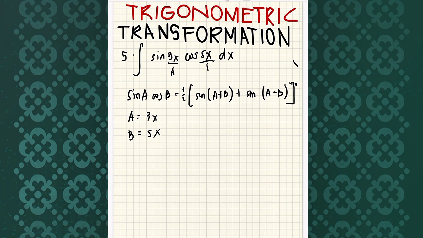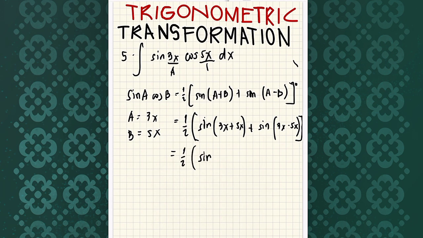So next, 1/2 sine, what's our A? 3x plus 5x plus sine, our A is 3x minus 5x, then 1/2 sine 3x plus 5x, it becomes 8x.